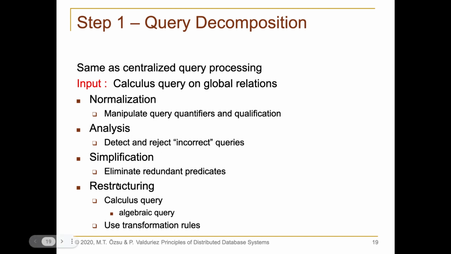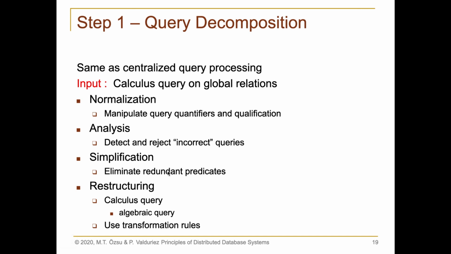During simplification, redundant predicates will be eliminated. In the analysis phase, you will come up with a set of simple predicates or minterm predicates which are correct and which eliminate redundancy in general from the data perspective. But in the simplification phase, you accept this set of predicates and try to eliminate those which are redundant.